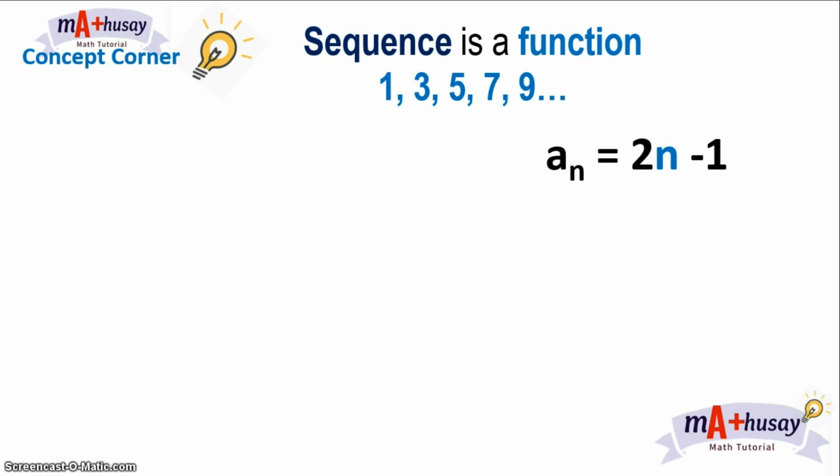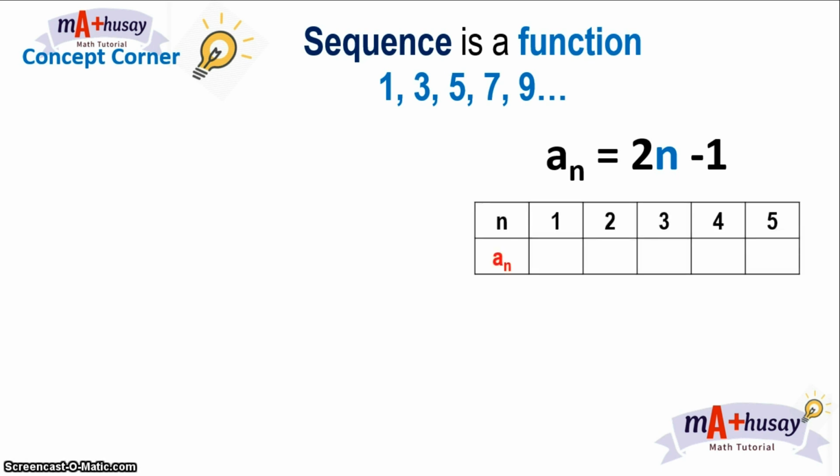We know that when we say function, you should have a set of ordered pairs in which no two ordered pairs have the same values of x. So, let's compute it, write it in a table of values, and graph it to show you that sequences are really functions.